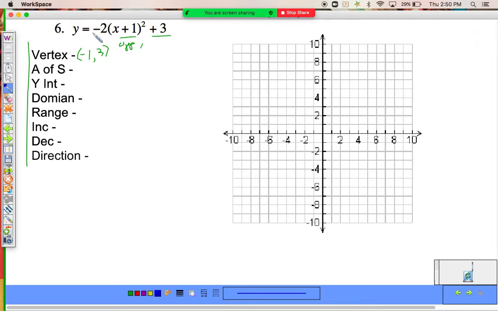Because I have a negative in the front, my graph is going to go down. We don't need to know how far it goes down, we just need to know it opens down. So I'm going to come over to my graph and graph that. I'm going to put a vertex, and then I'm going to draw some parabola that opens down.